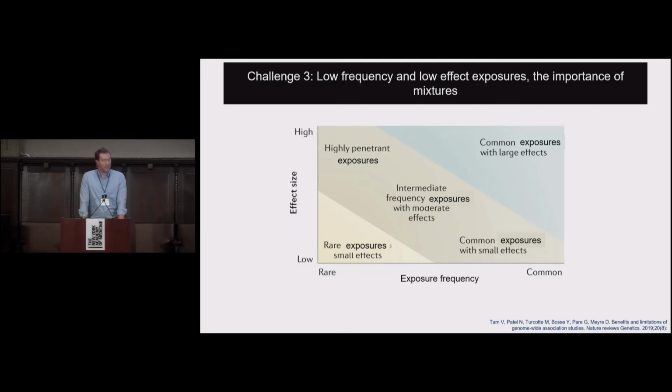So we need to think about how we can account for these low frequency and low effect exposures, and also the importance of mixtures. The way to do this is really through numbers at this point. We need to analyze large numbers of samples and really try to develop approaches that allow us to robustly measure the exposome in large populations.